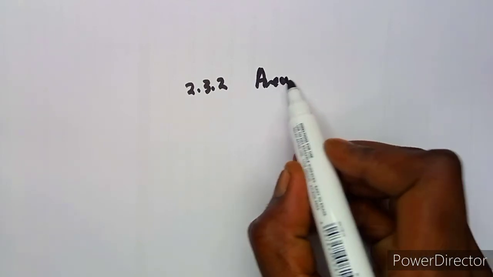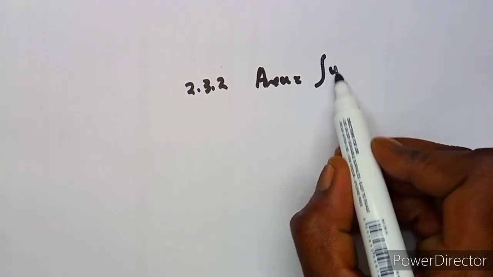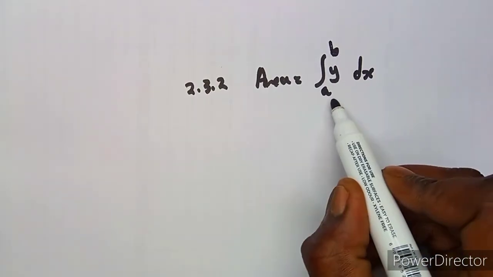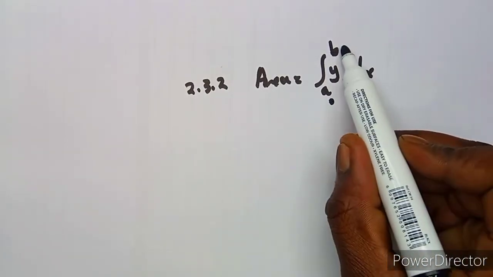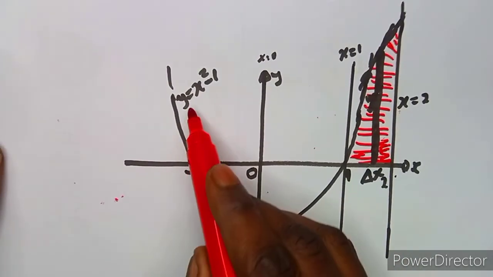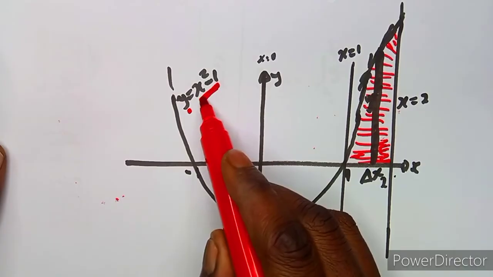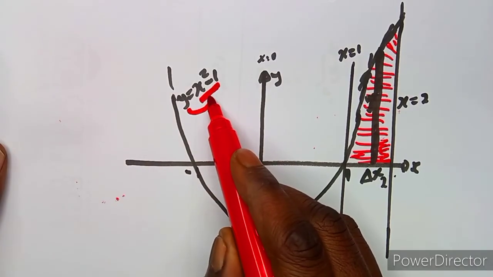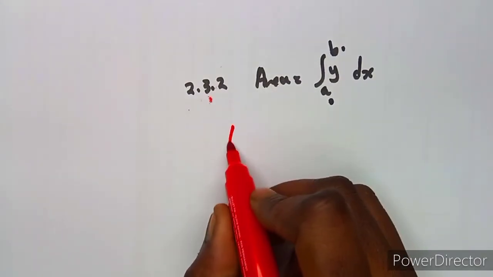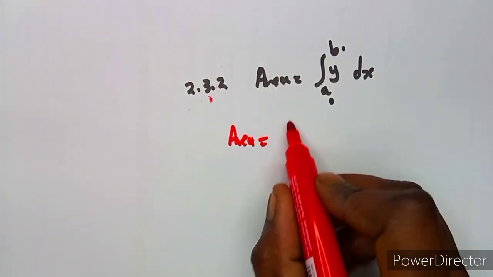So area simply means the integral of y dx with the limits a and b, where a is the lower limit and b is the upper limit. In this case, what are we going to integrate? We are going to integrate y is equal to x squared minus 1.